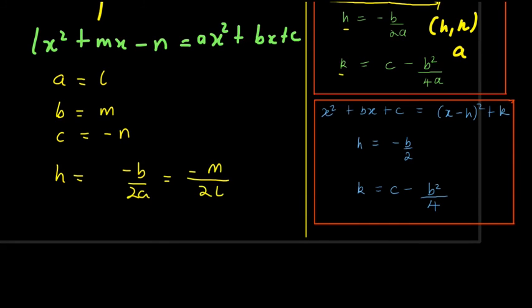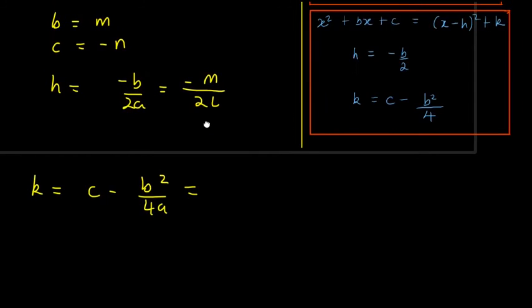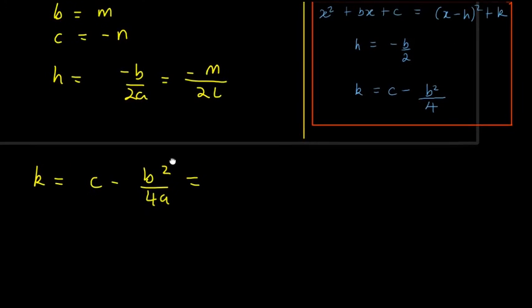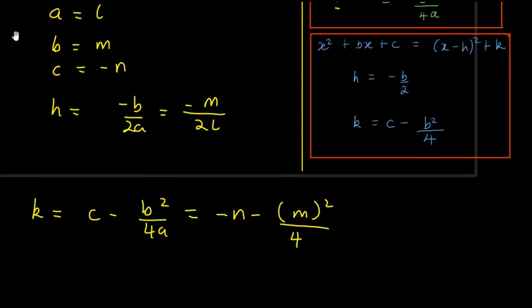So this is the value of h, and we now need to find the value of k, which is c minus b squared over 4a, which is minus n minus m squared over 4l.